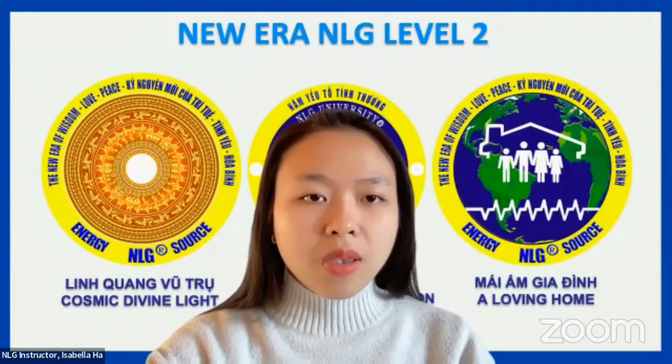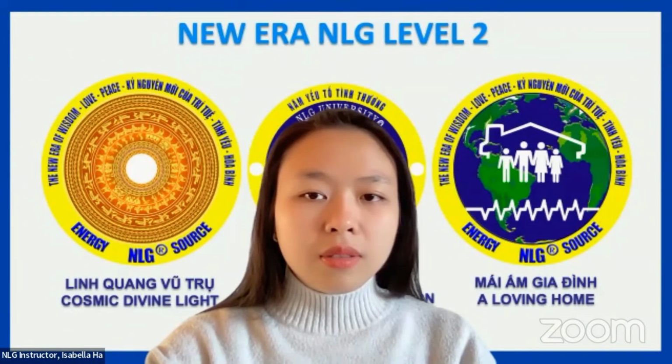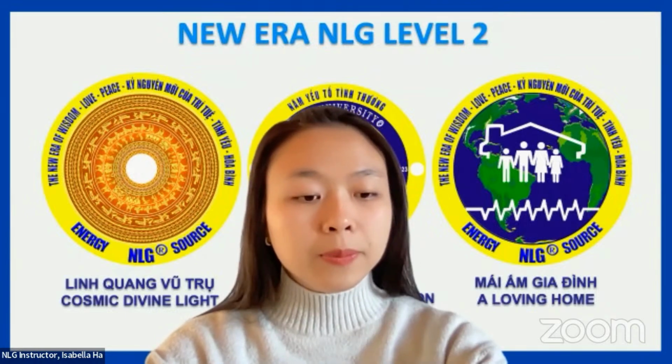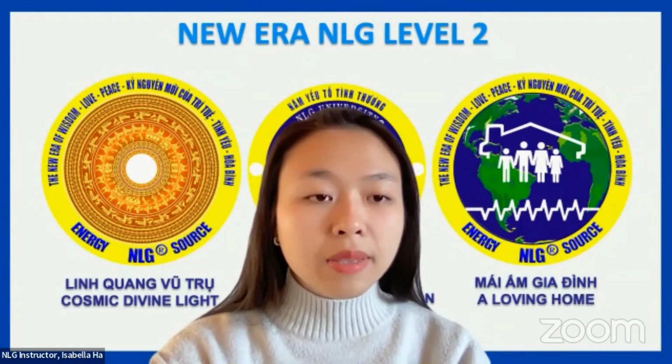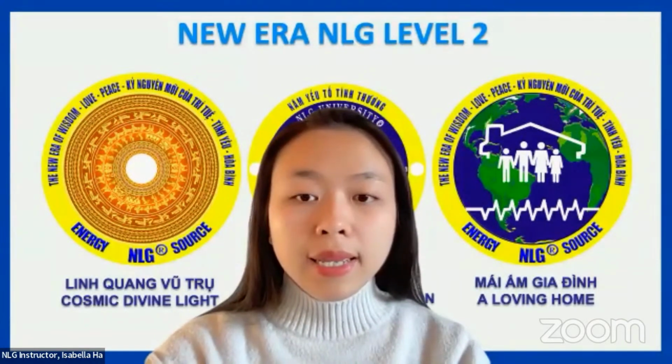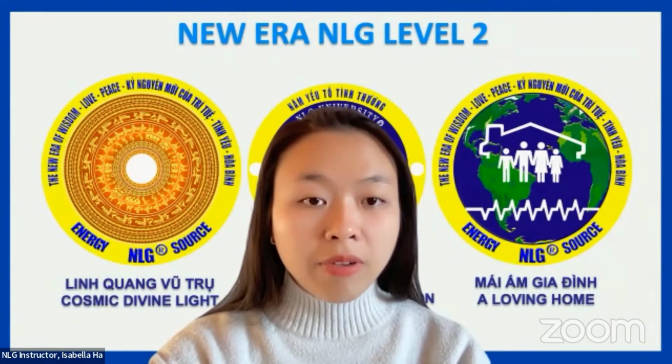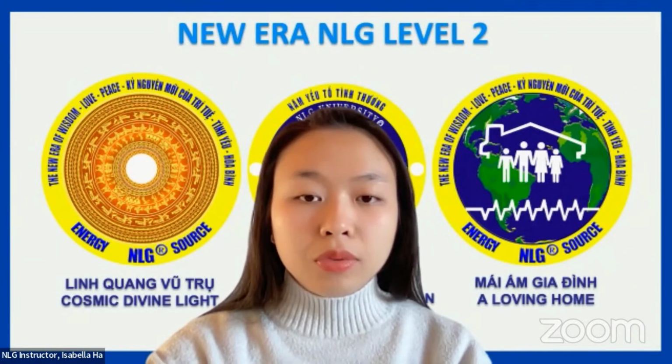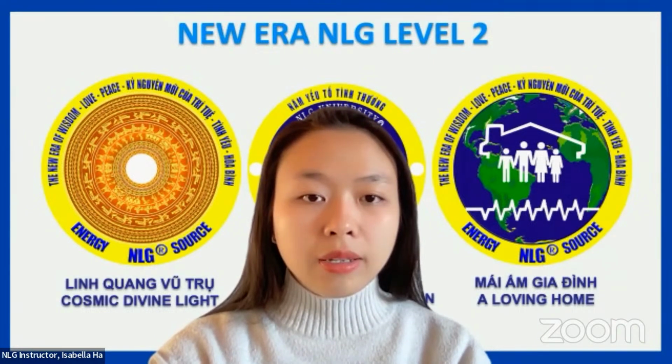Okay, so now let's move on to the 5 forms of love. Remember that in level 1, we worked on the first 2 forms of love, self-love and love for family. And now in level 2, we will actually expand that.